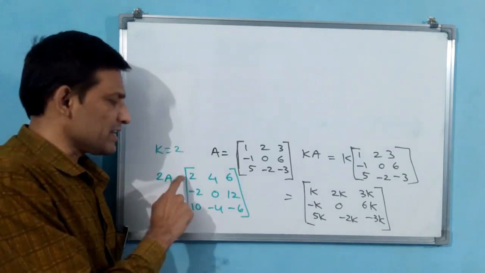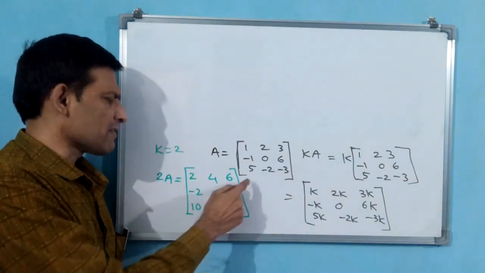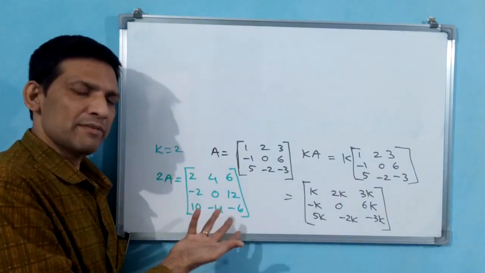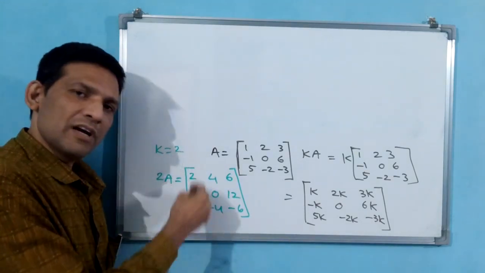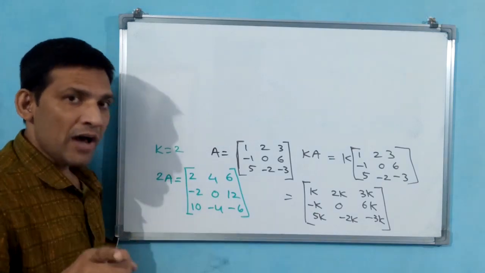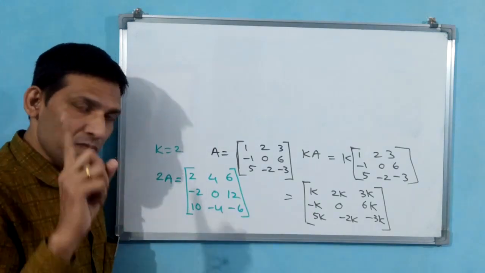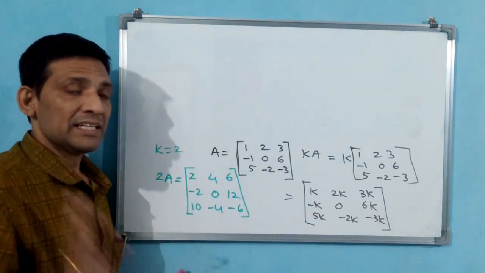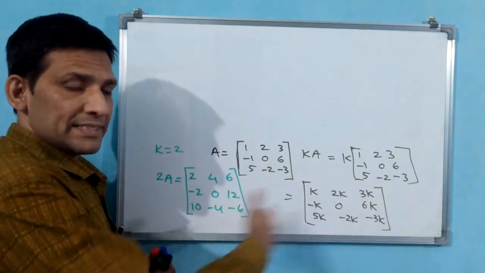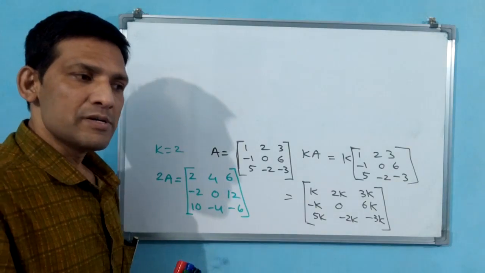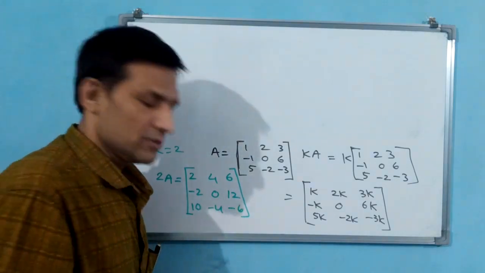You can multiply with R1 or R2 or R3, any one row, or any one column: first, second or third column. That is the fourth property. We will analyze whether the result is verified or not. Okay, let us see.